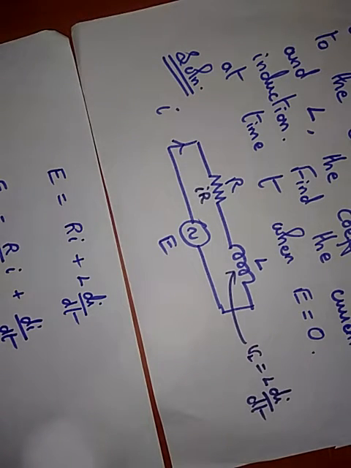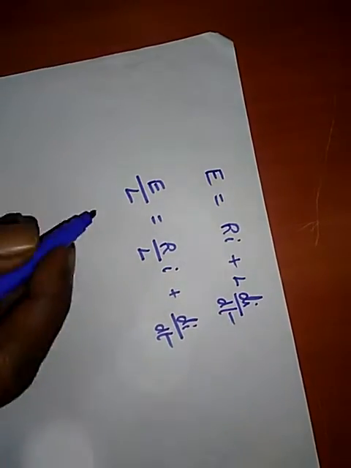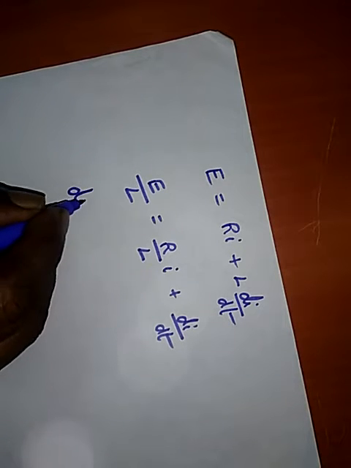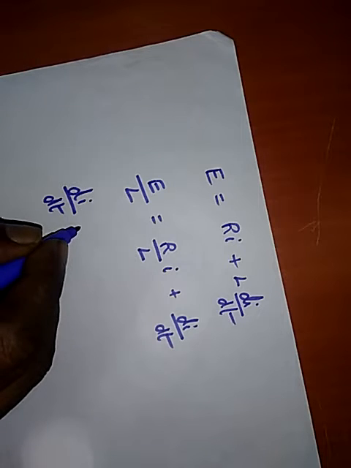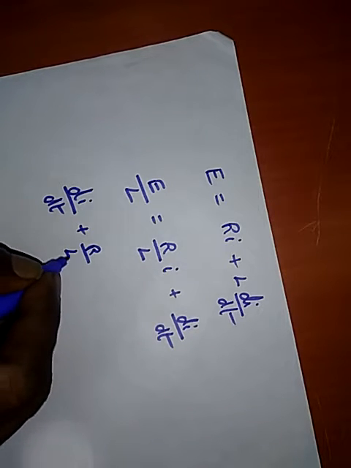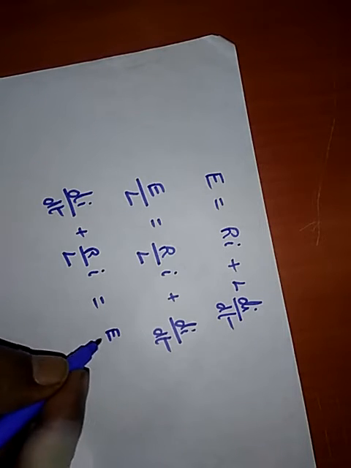Now rearrange the terms: bring the I term to this side and keep the other on the other side. So what you will be having is di by dt plus R by L I is equal to E by L.